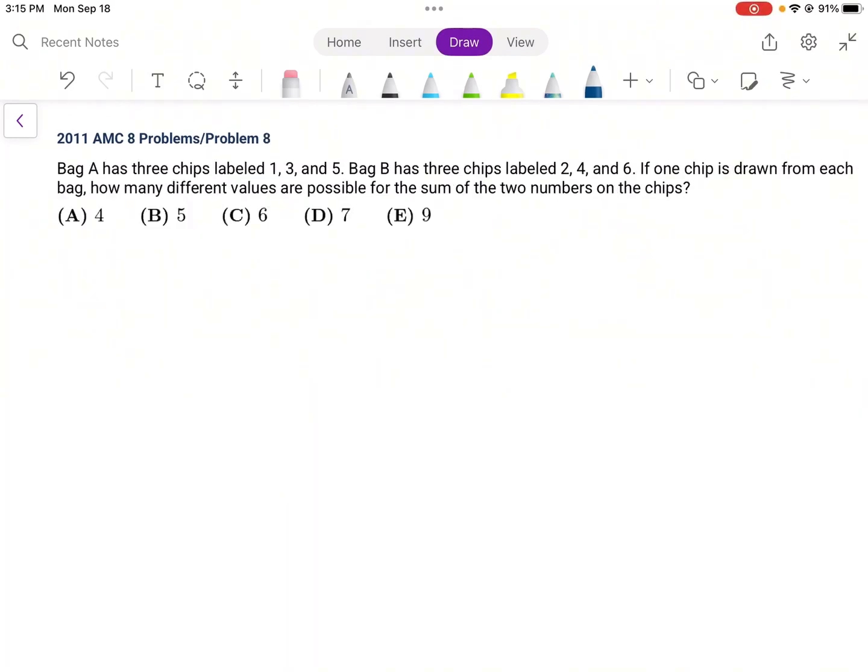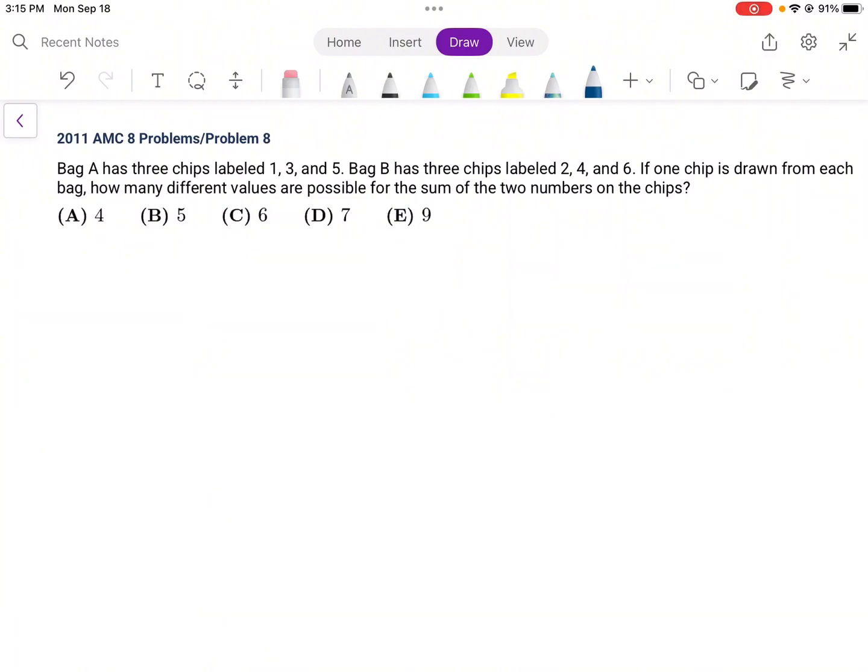Problem 8. Because there are only 3 chips in each bag, we can write the values out to count the different values. If in the first bag we have the chip labeled 1, it adds to the 3 values for the chips in the second bag.